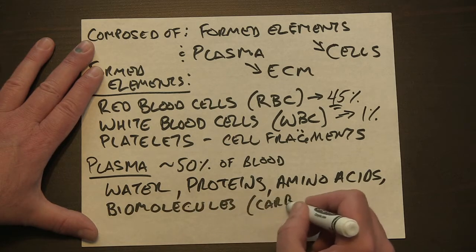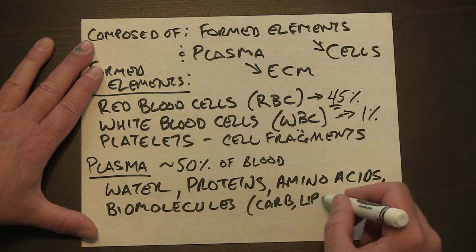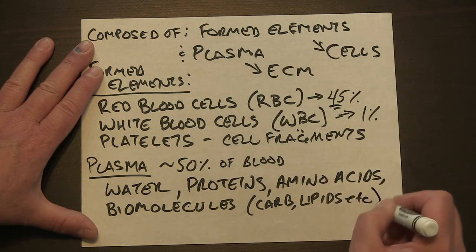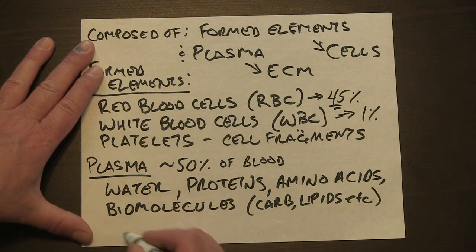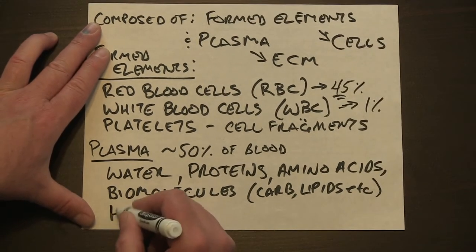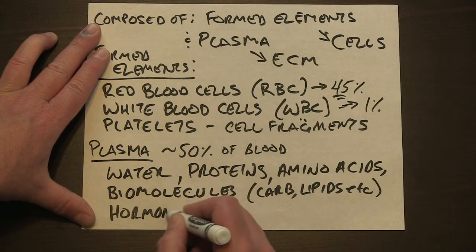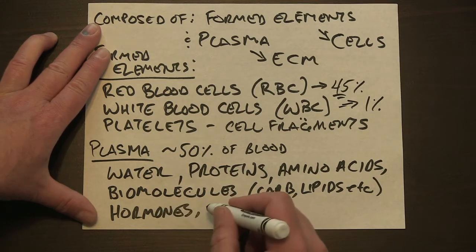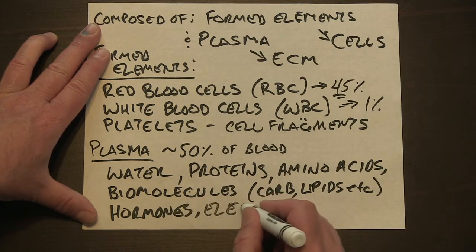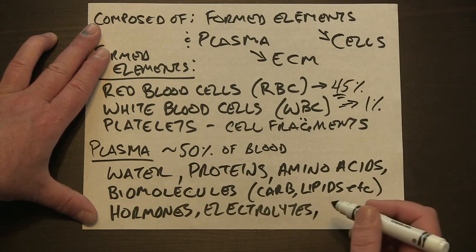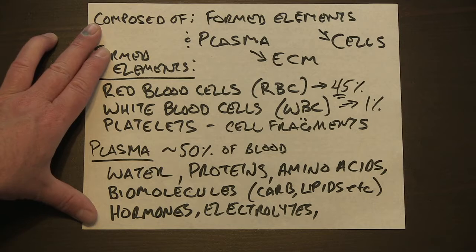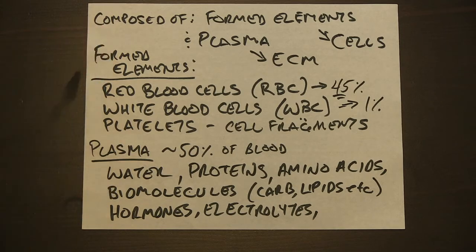Carbs, lipids, etc. It also contains hormones and electrolytes, which is the fancy term for basically ions. We've talked about calcium and sodium and all those.